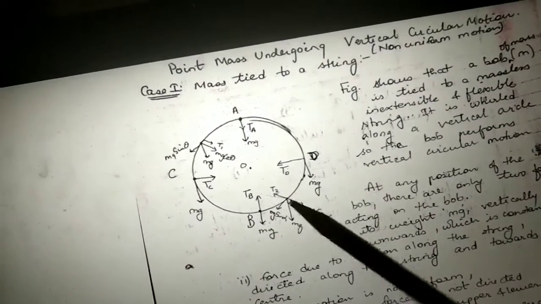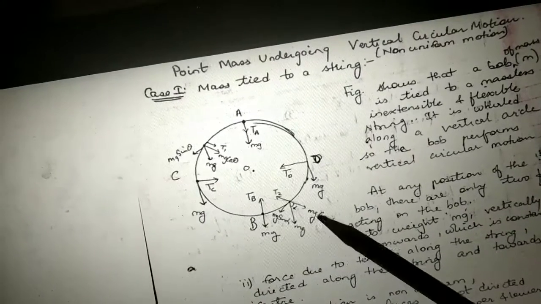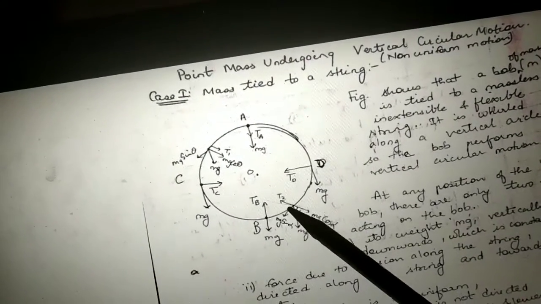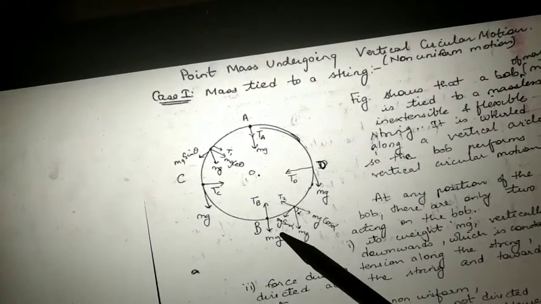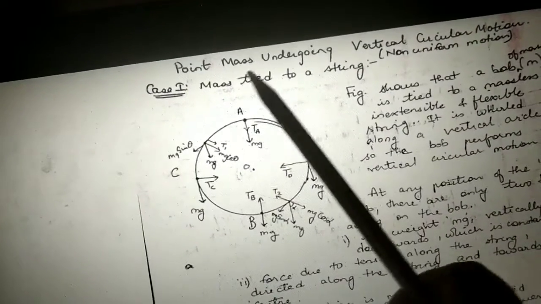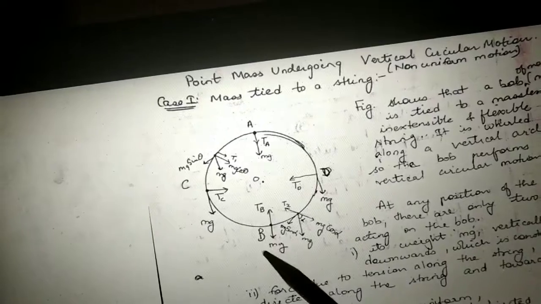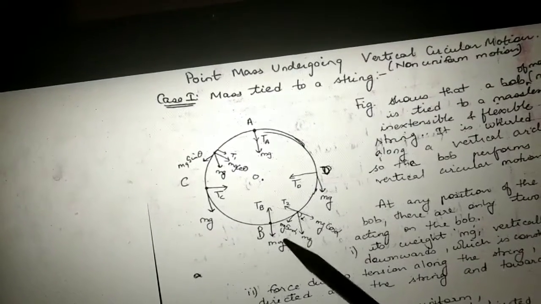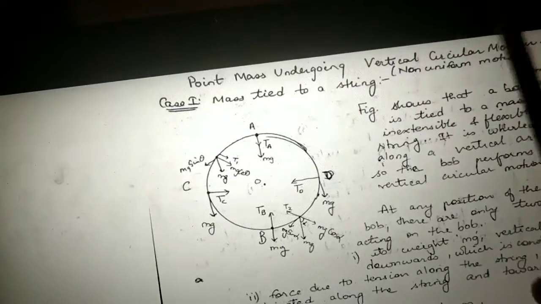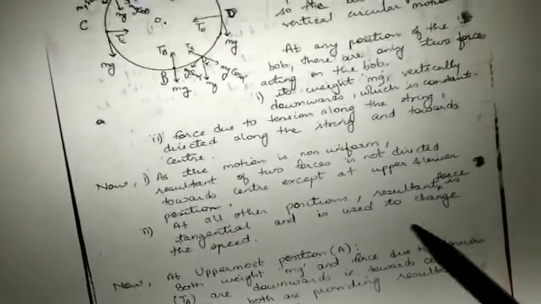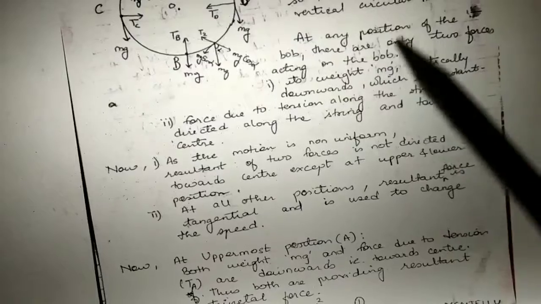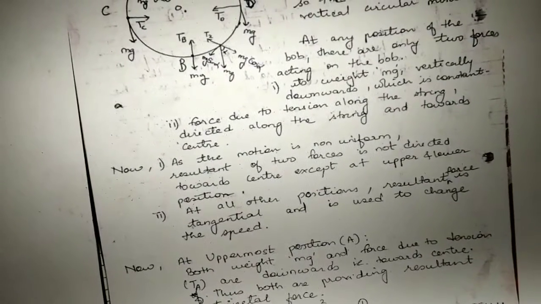Now T2 and mg cos alpha are equal and opposite forces, so they cancel out. Then only mg sin alpha is the resultant tangential force which moves the bob along the circumference of the circle, and it is responsible for this at every point. So at all positions the resultant force is tangential and is used to change the position; mg sin alpha is that tangential component.